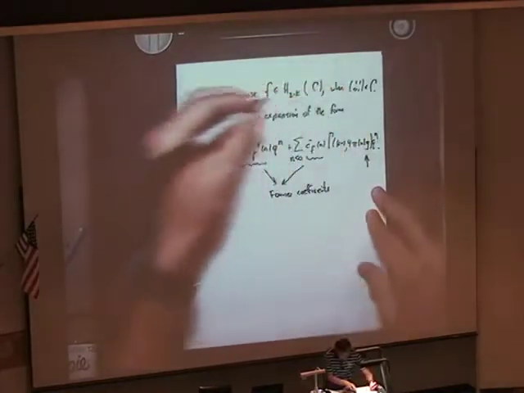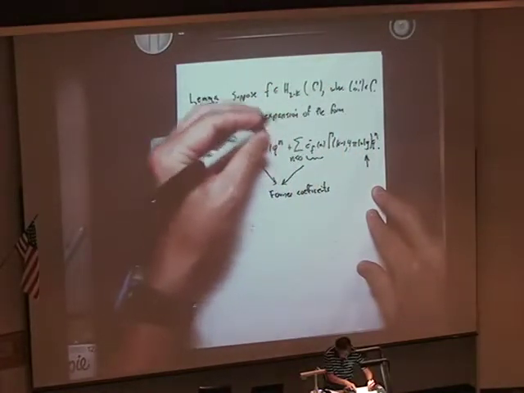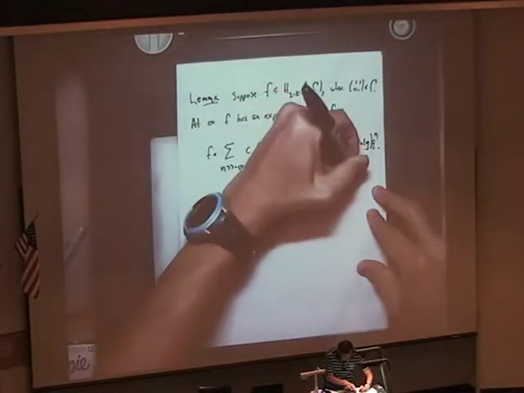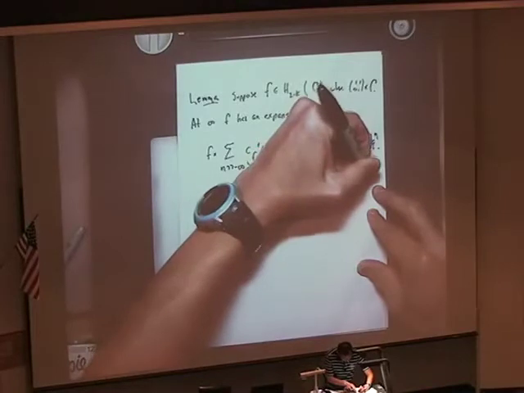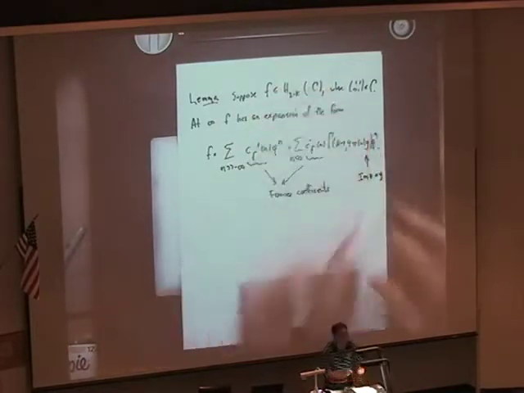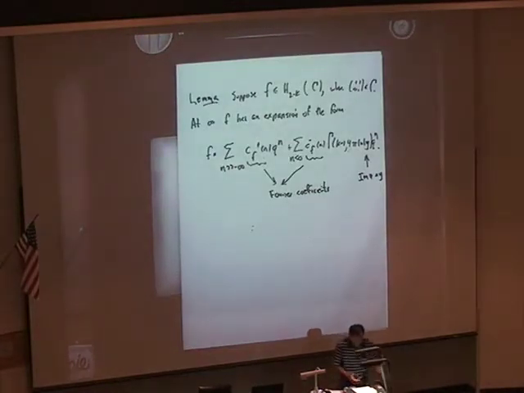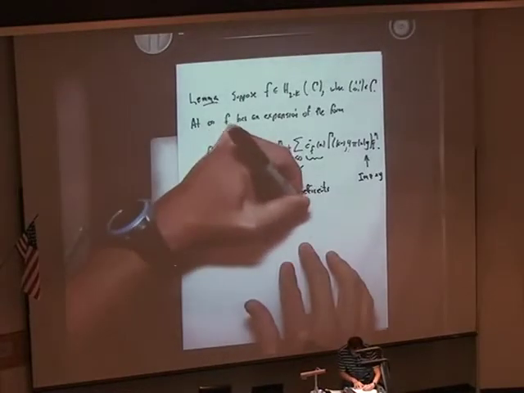And right here is where you see the mild non-holomorphicity of these functions f. So remember here that this y is the imaginary part of z. So the Fourier expansion is very mildly non-holomorphic. And of course, as Fourier coefficients, these are complex numbers.